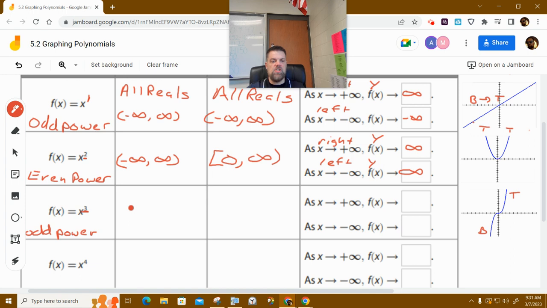No domain restrictions. In fact, all of these, the domain is going to be from negative infinity to positive infinity. What about the range? What's the range going to be for the y values? Negative infinity to positive infinity.